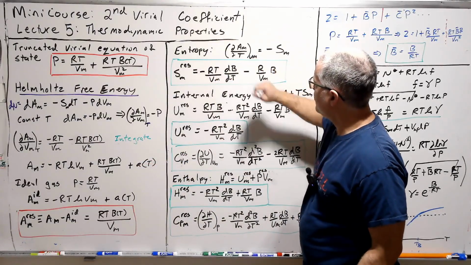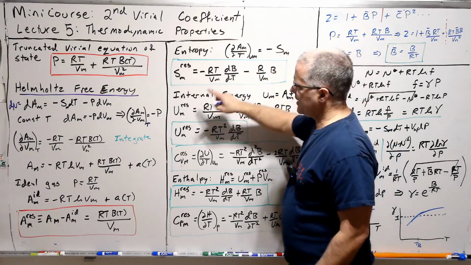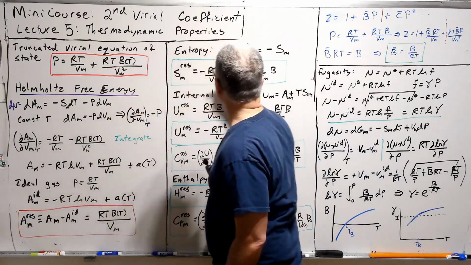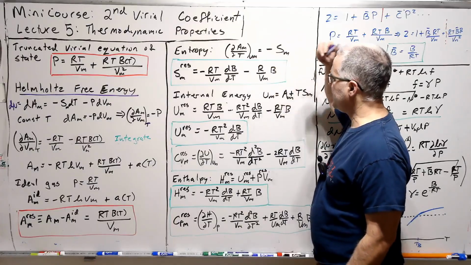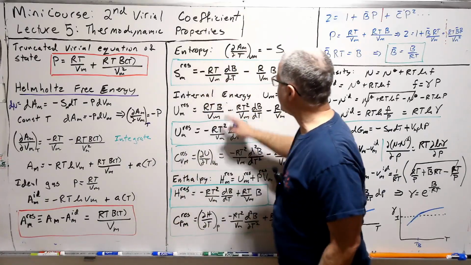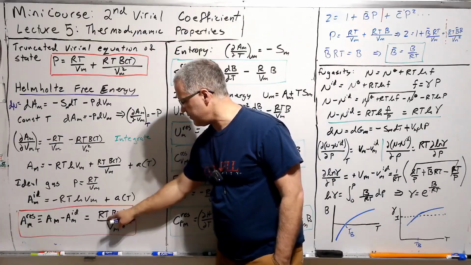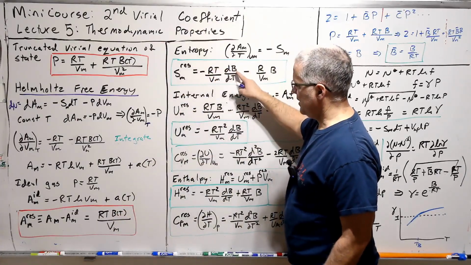Okay, and then let's do entropy. We can get that by taking this at constant volume. So we get partial A, partial T at constant volume is minus S. So let's take now the derivative of this with respect to T. We're going to need the product rule: first times derivative of the second.